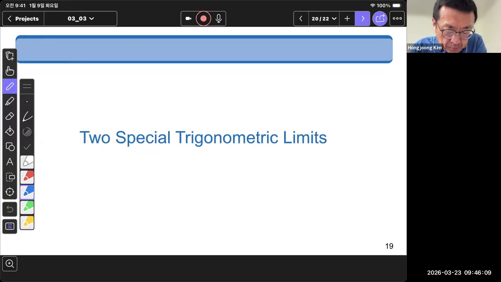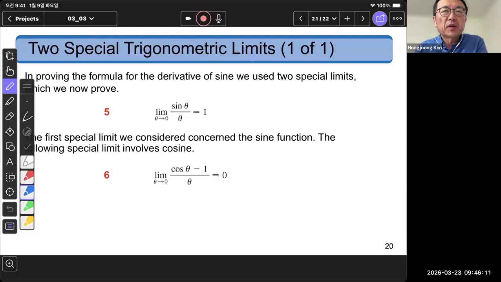Okay, and as I said, in the past, I proved this formula. The limit of sine theta over theta as theta goes to 0 is 1, not 0, but 1. And the limit of cosine theta minus 1 over theta will be 0.